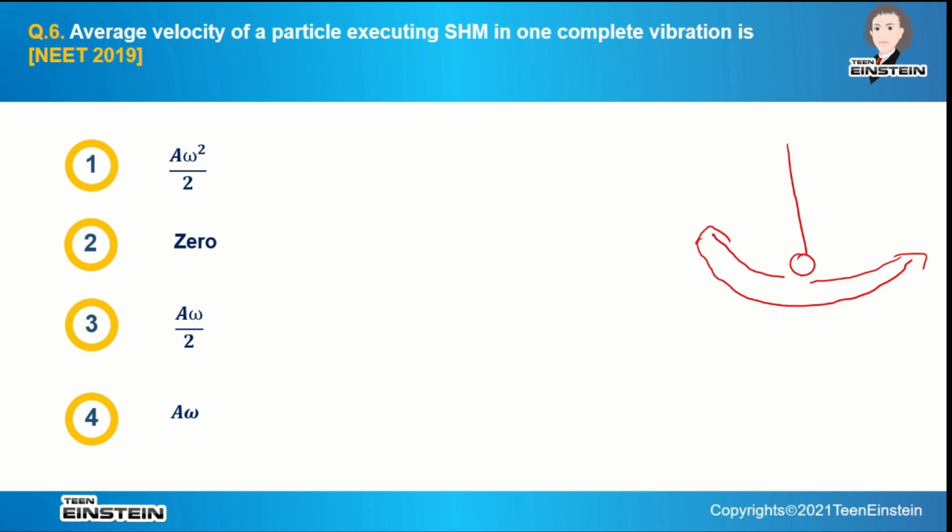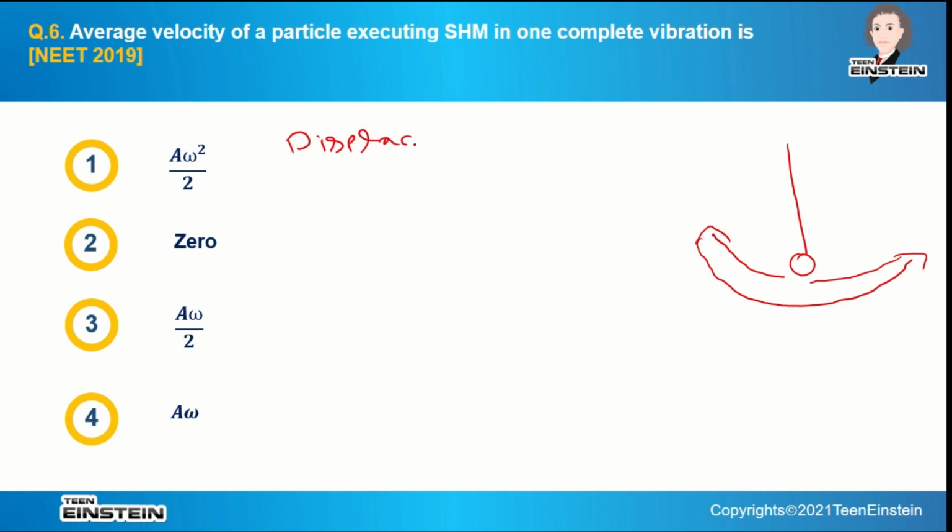Again it goes to the right hand side, and when it is coming back, we call it a single oscillation. Simple harmonic motion is a special type of periodic motion where the restoring force of a moving object is directly proportional and opposite to the object's displacement vector. In one complete vibration, the displacement becomes 0.